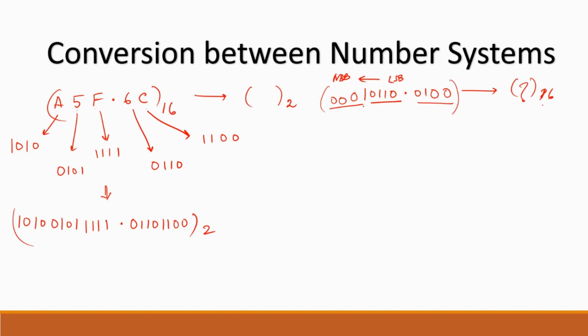After this, the second step is to write the hexa digit representation of each of these binary groups. So 0001 is nothing but 1, 0110 is nothing but 6, 0100 is nothing but 4. So all that this turns out to be is 16.4 in the hexadecimal representation.